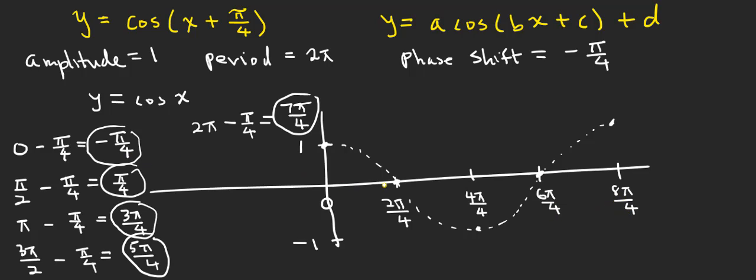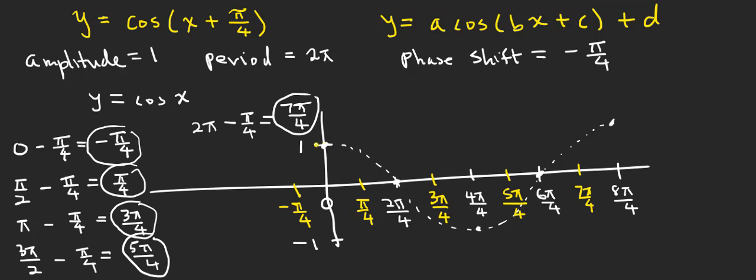Now, since everything is moving to the left pi over 4, we need to plot negative pi over 4, and then pi over 4, 3 pi over 4, 5 pi over 4, finally 7 pi over 4.